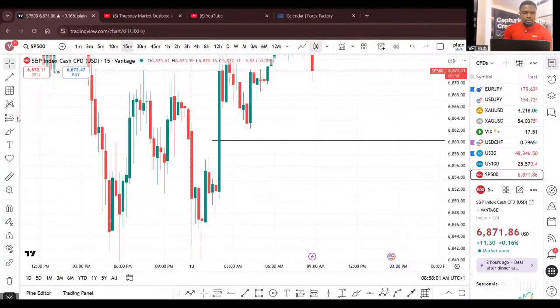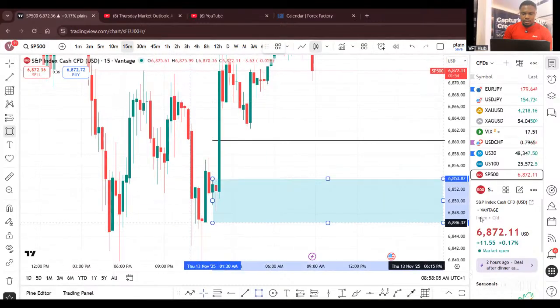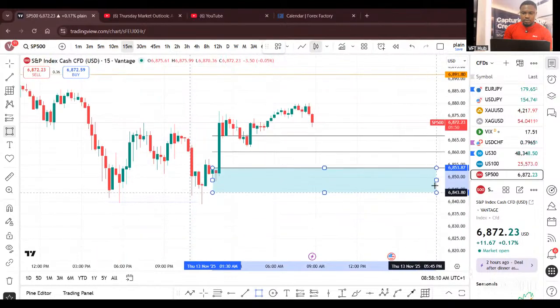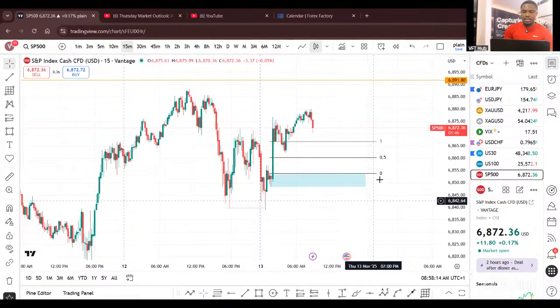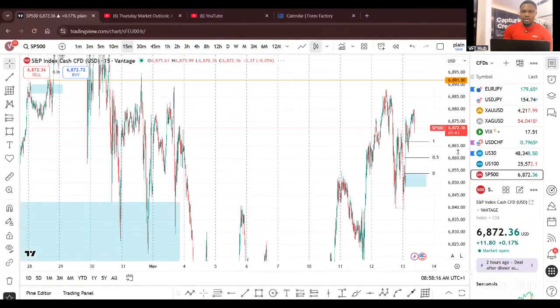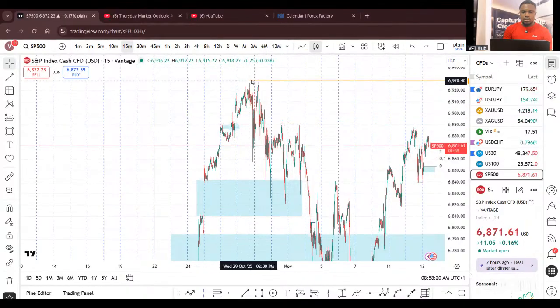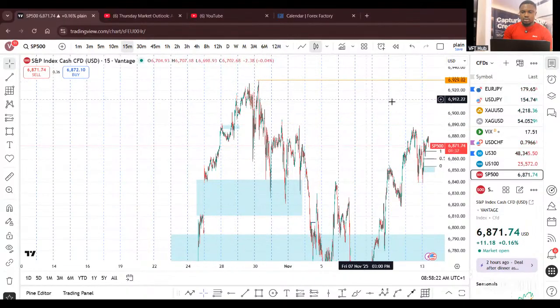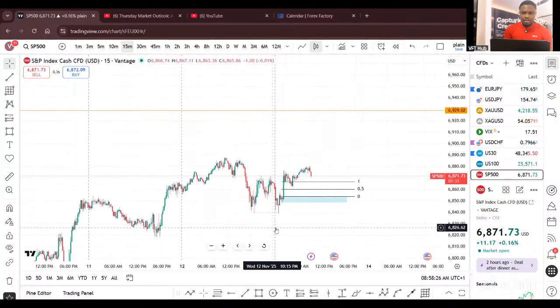So we have two areas of interest, which is this. Let me mark out this zone. And then we expect price to reverse from this, right? And then, of course, where are we heading to? We know already, to the topmost part, external liquidity, that we expect price to take out.